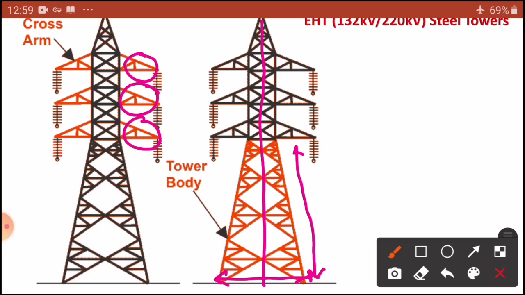But in these towers, for each cross arm, the height of each face, the distance, and the height of the tower for 132 kV and 220 kV, you should maintain some dimensions. Based on the dimensions you have to draw it. Okay, so it is very easy, dear students.